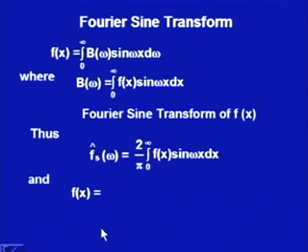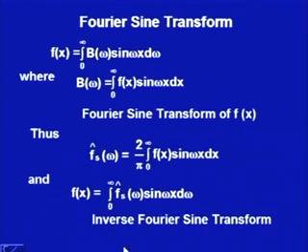And f(x), which is now B(omega), I am writing as f_s hat(omega): the integral of f_s hat(omega) sin omega x d omega. This is the inverse Fourier sine transform. So we have got one function in omega from the function in x, and then from the function in omega we get back the function in x. Both are the sine transform and the inverse Fourier sine transform.